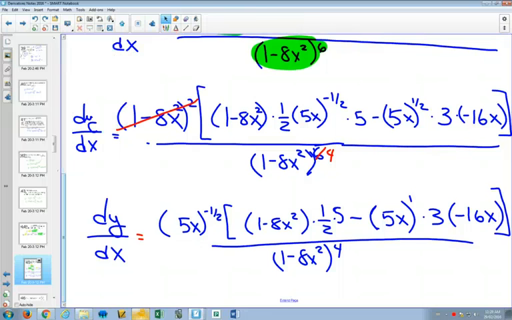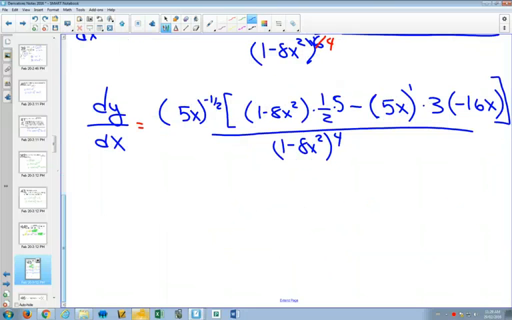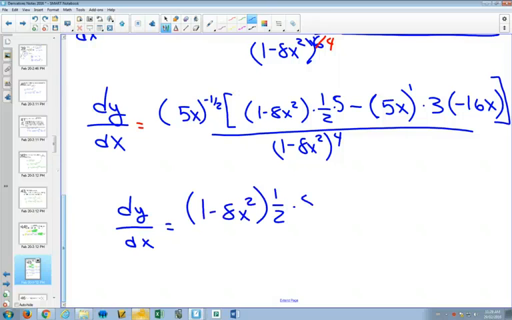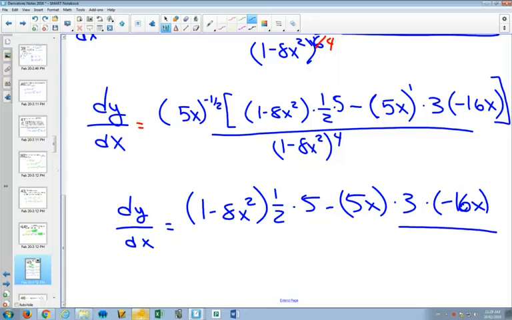Often in your answer key, you'll find that they write things like this.